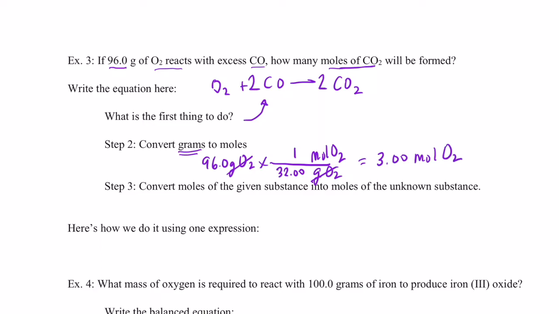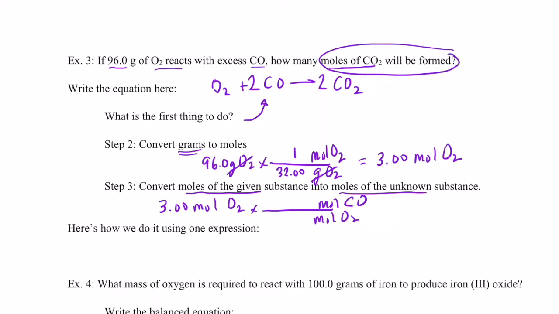All right? Now we can use the mole ratio. Now we can convert the moles of what's given to us into the moles of what we want to find out about. So I have 3 moles of O2, correct? And I want to get out of moles of O2. And I want to get into moles of CO2, because the question said how many moles of CO2 will be formed. Now, how do I get that conversion factor?